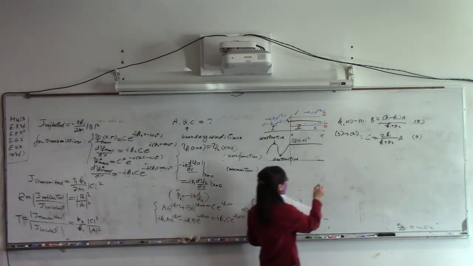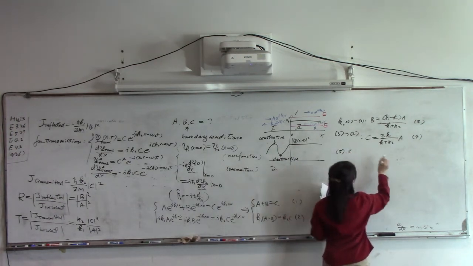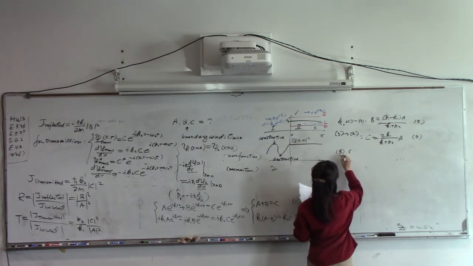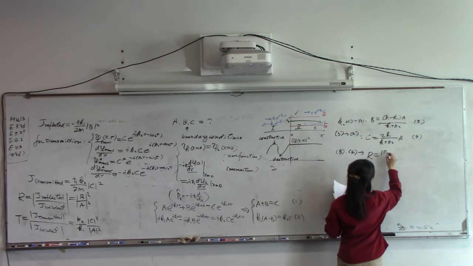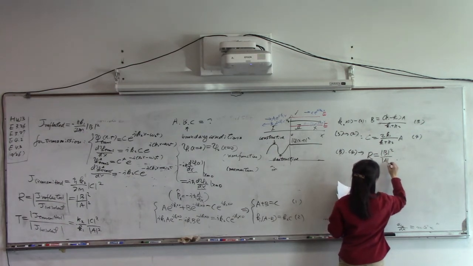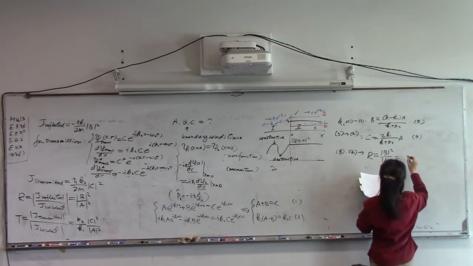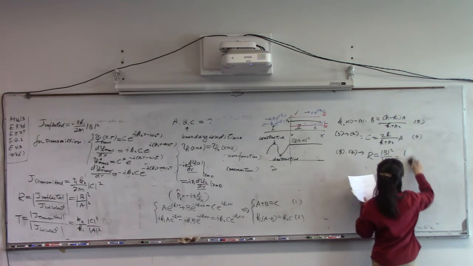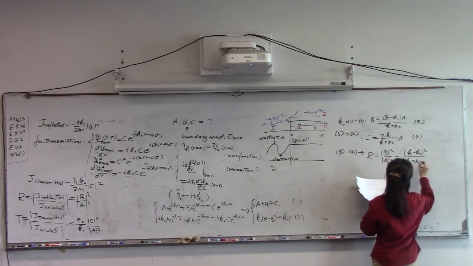Then we substitute this into the reflection R and transmission T. R is b squared over a squared, and you can see very simply it is (k1 minus k2) squared over (k1 plus k2) squared.